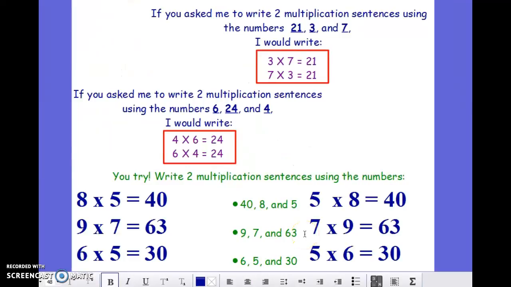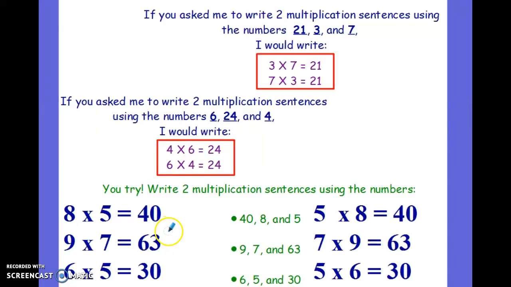I hope you paused it because pop, here are the answers. For 40, 8, and 5, you can write two number sentences as follows. 8 times 5 equals 40, or 5 times 8 equals 40. For 9, 7, and 63, you could say 9 times 7 equals 63, or 7 times 9 equals 63.